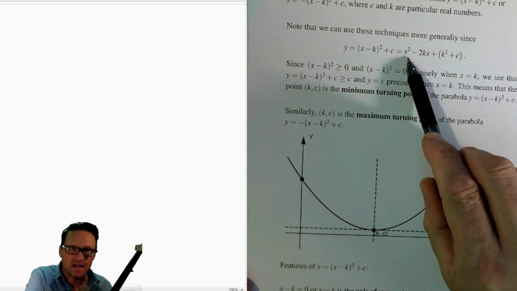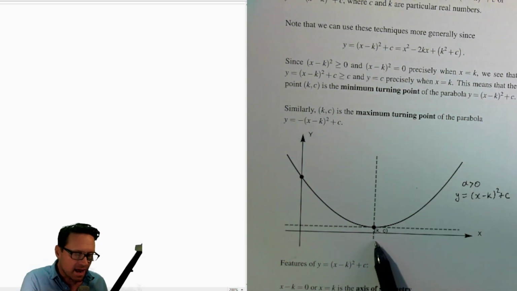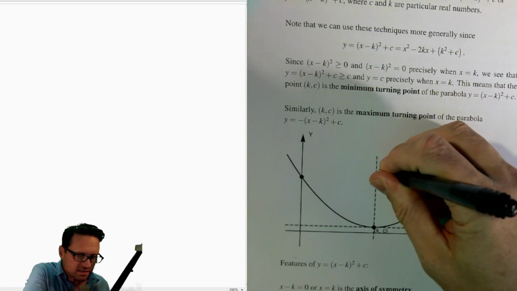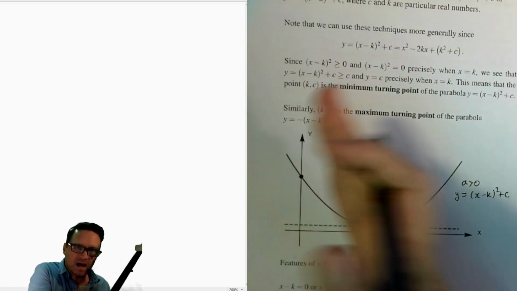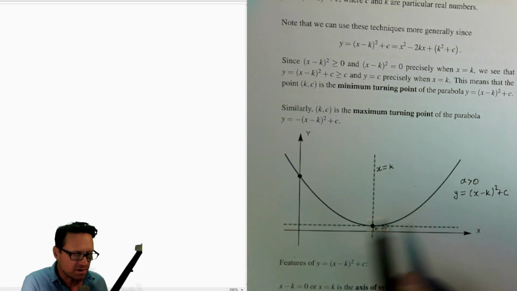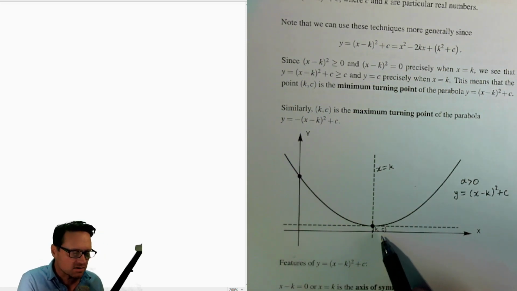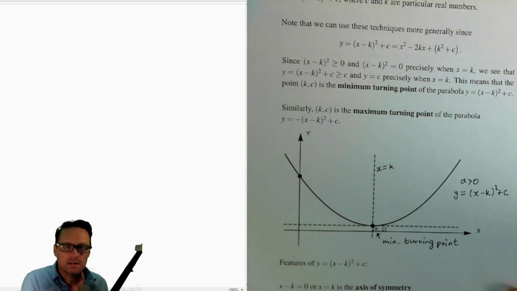Here we see we have an axis of symmetry at x equal to k. This is the vertical line x equals k, and there's symmetry about that line in the parabola. Down here at the bottom, we have the point (k, c). So this is our minimum turning point, and I'll just indicate it with this little arrow.